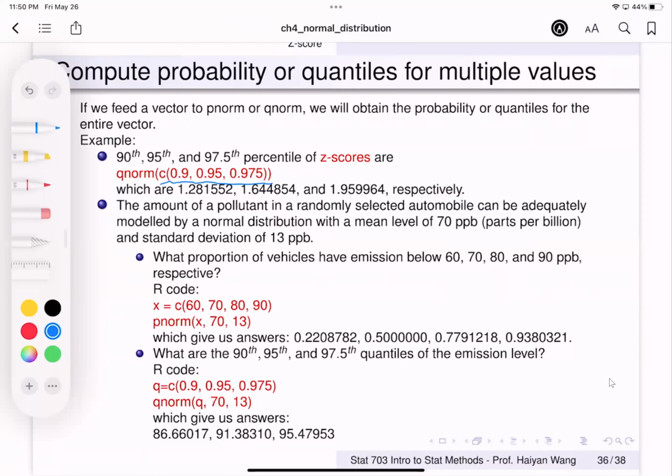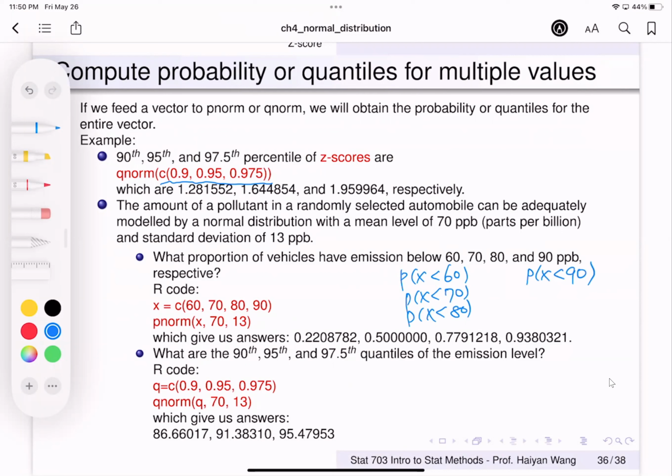Similarly, the probabilities can also be computed this way. For example, what's the proportion of vehicles having emission below 60, below 70, below 80, or below 90? In this case, we want to compute the probability of less than 60, less than 70, less than 80, and less than 90.